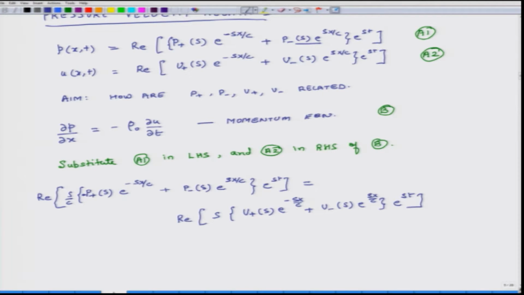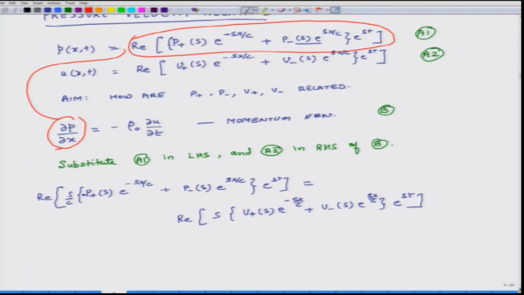So, I am differentiating equation A1 with respect to x, which is this thing. So, I am connecting this with this, and I am putting it here.